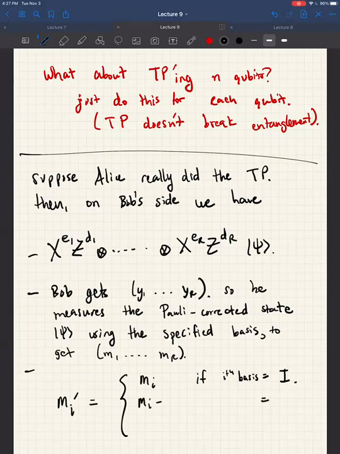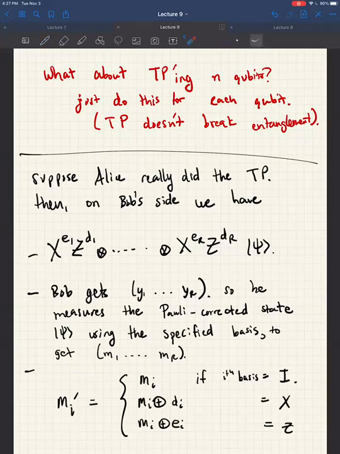If the ith basis measurement is X, then we're going to flip Mi depending on what Di is. And if the ith basis is Z, then we flip it depending on what Ei is.